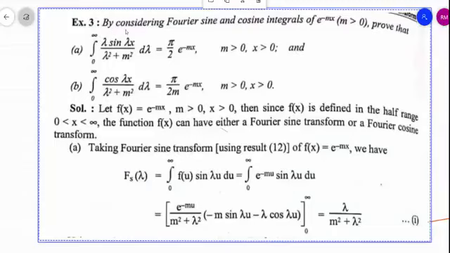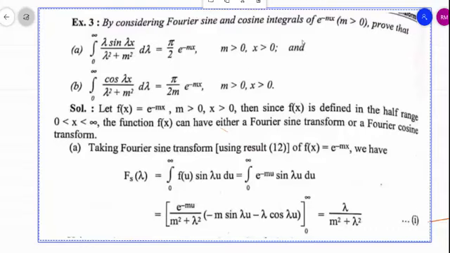The problem is, by considering Fourier sine and cosine integrals of function e raised to minus mx, m is positive, prove that this equality and this second equality for m and x are positive.